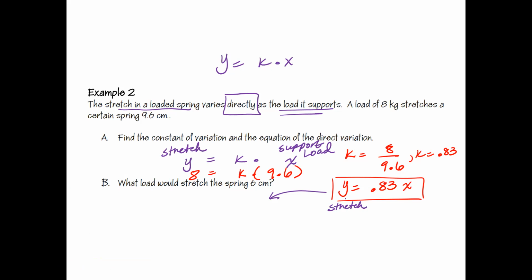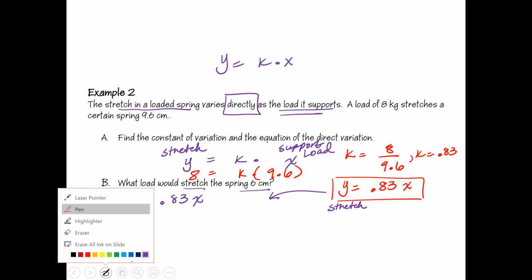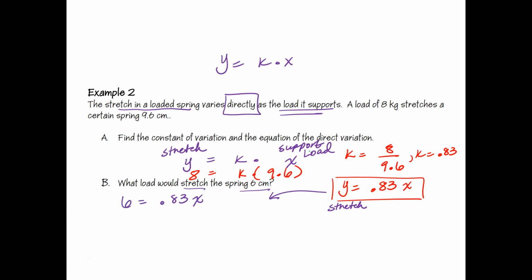So if y is stretch and the stretch is 6, I'm going to put 6 is equal to 0.83x. What is x again? Your x is the support of the load. So my goal here is to solve for x. So let's go ahead and divide by 0.83 on both sides.